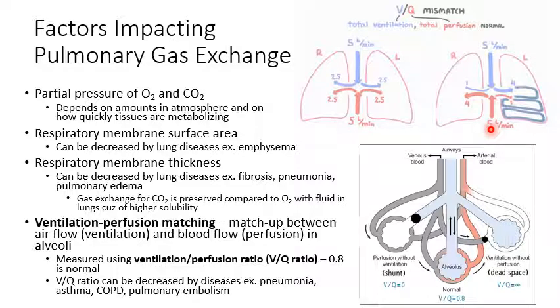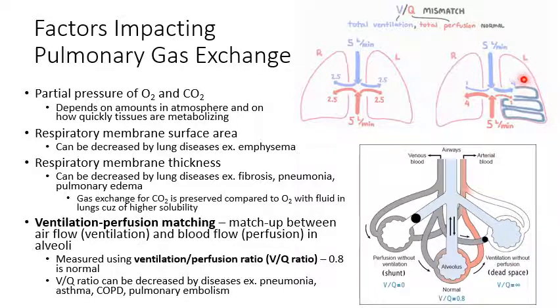And here's another example of a VQ mismatch where you have still the same amount of air entering the lungs and the same amount of blood entering the lungs, but as you can see, different amounts are going to different sides. So here we're sending 1 liter of air to the right lung every minute, but 4 liters of blood. So that's not going to be very effective. You're going to have a lot of extra blood here and not enough oxygen to fill the red blood cells up.